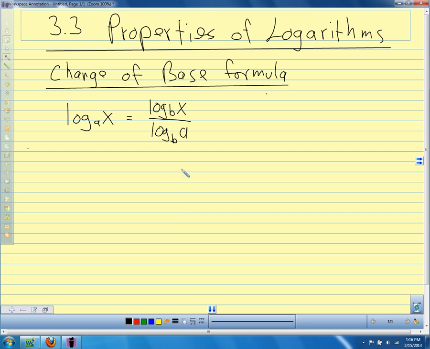So we want to switch to a different base. This is the formula that we're going to use to find our change of base.